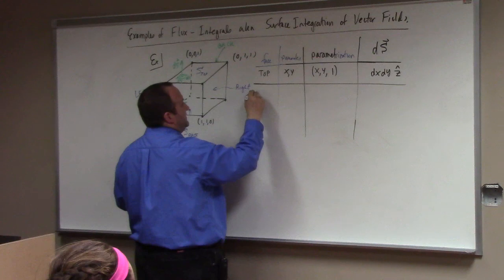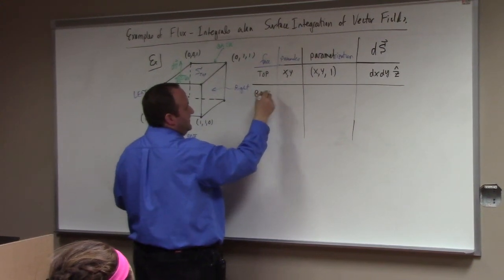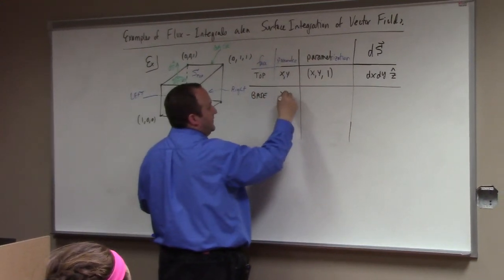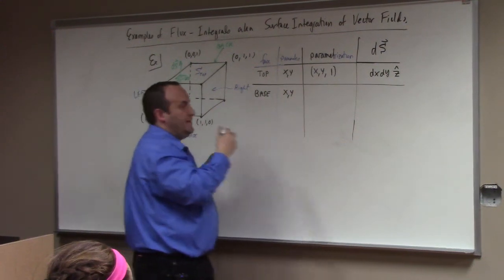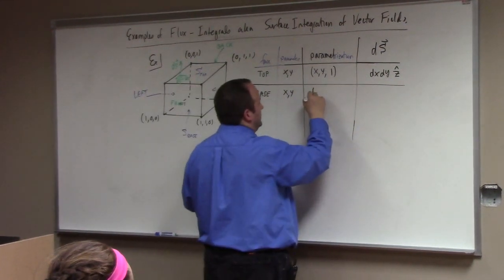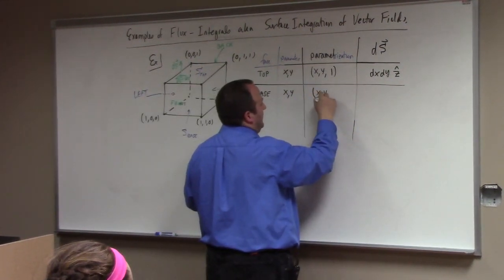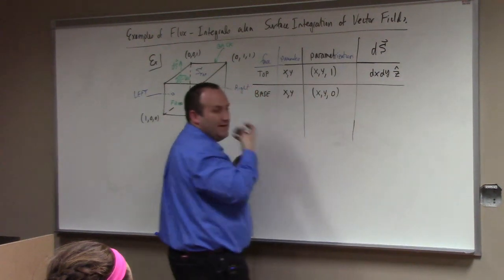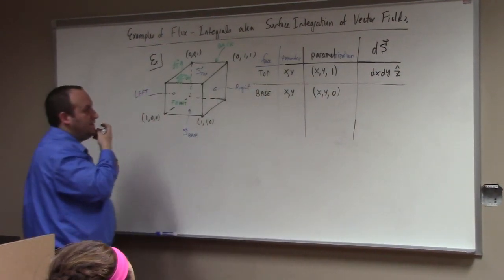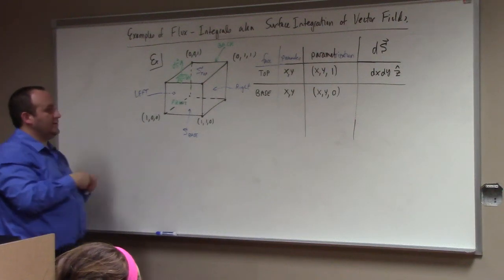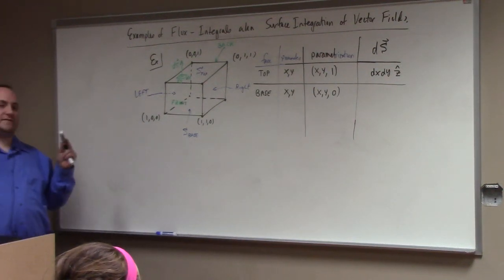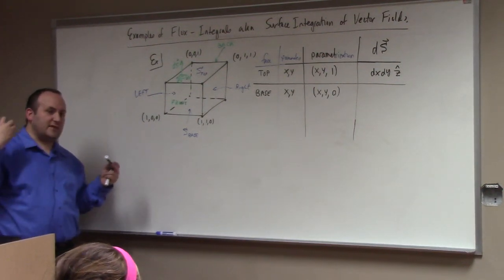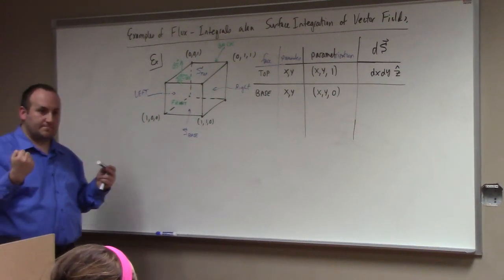How about the base face? Again, we can use x and y for parameters, and the parameterization is x, y, 0. Actually, I should be careful. How do you want to orient the base face? Let's declare that we're looking for outward-oriented normals.